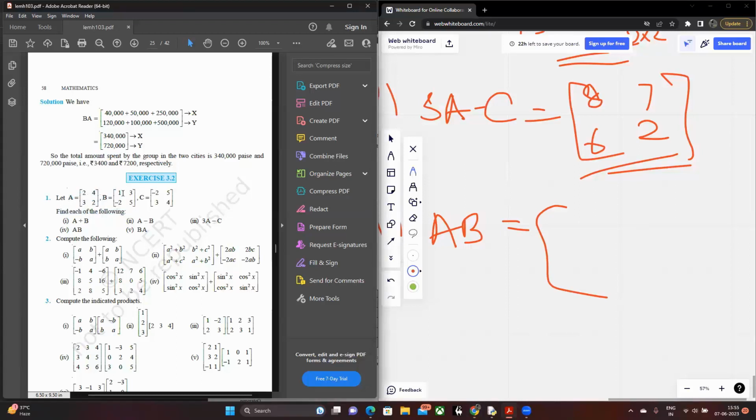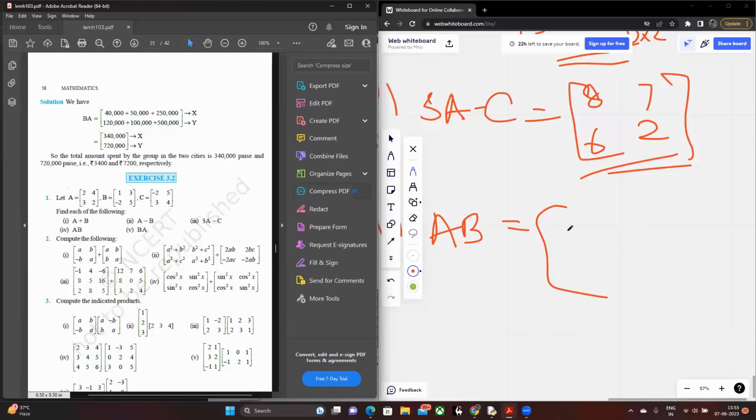This row 2, 4 multiplied by the column 1, minus 2. The second element, that is C12, is going to be this row multiplied by this column. Similarly, the third element is going to be 3, 2 multiplied by 1, minus 2. And the fourth element is going to be 3, 2 multiplied by 3 and 5.